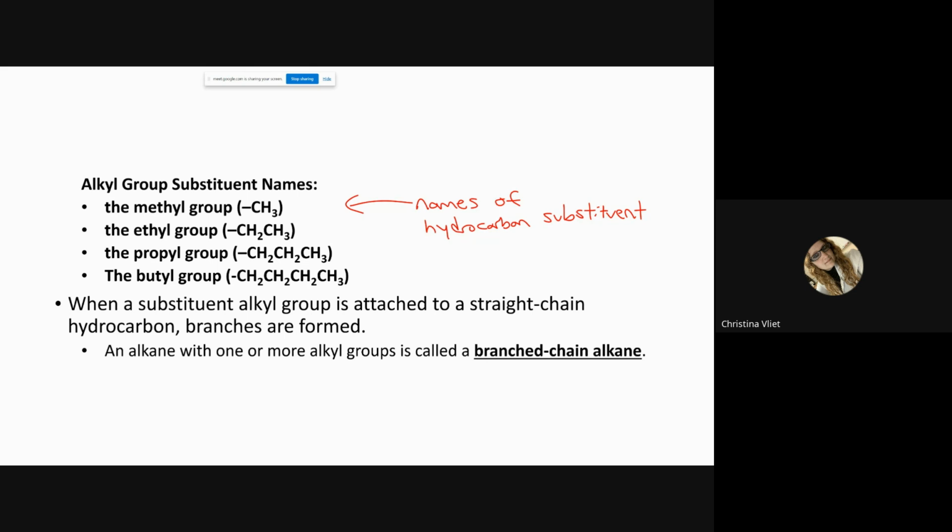And so you can't get a substituent larger than, I think, pentyl, which would be 5. And you'll see why shortly. If you have one or more of these methyl groups, ethyl groups, propyl groups, whatever, we call these a branched chain alkane. Not all your carbons are in a row anymore, and you're going to have to draw these appropriately, like I said, and name these appropriately.